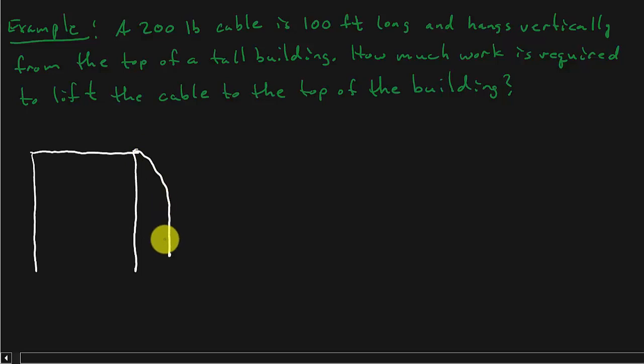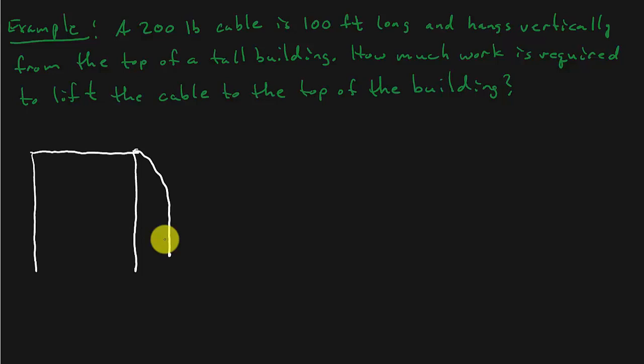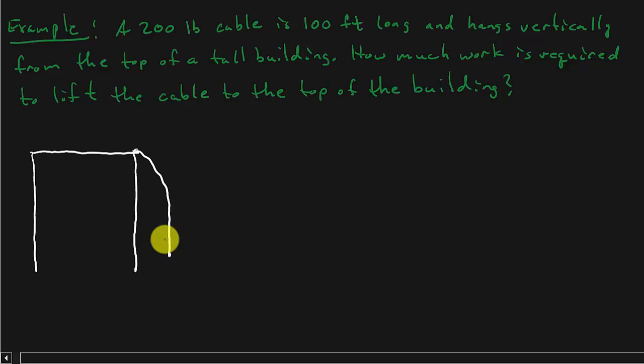Now, when you're working these problems, and this is going to go for the rest of the problems that we're working, don't consider the entire rope when you're setting up your function. What we want to do is take just a little piece of the rope. Okay?